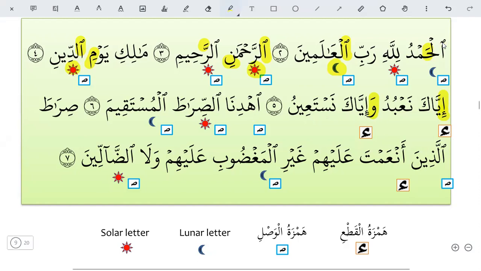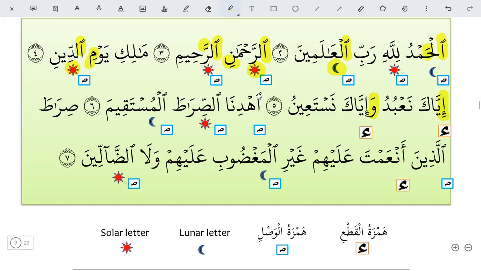And this one, this Hamza, and this Hamza, and this one, they all are Hamzatul Wasl. So when there is a word before this Hamza, we will not pronounce them.